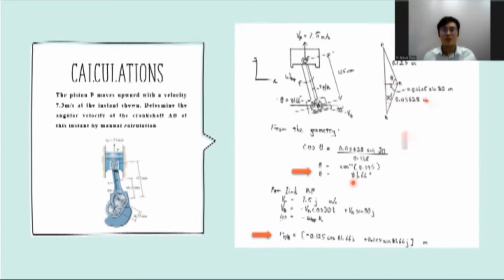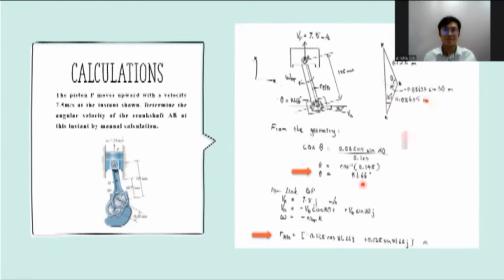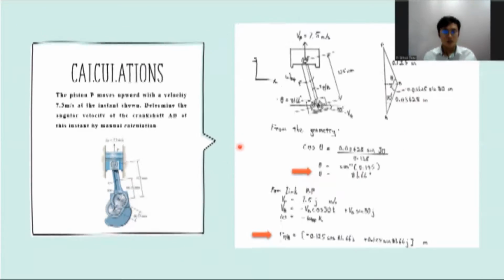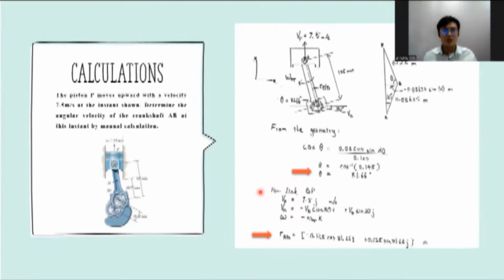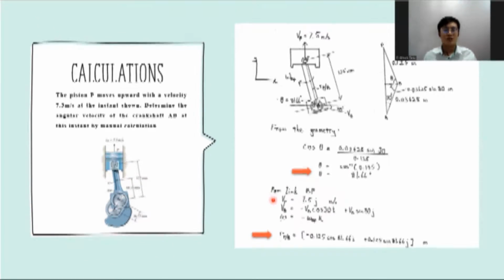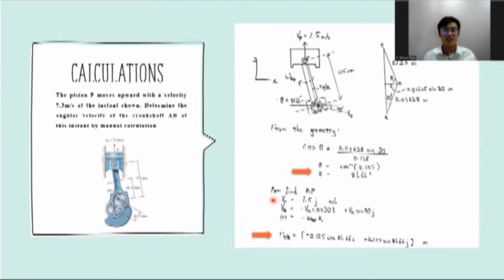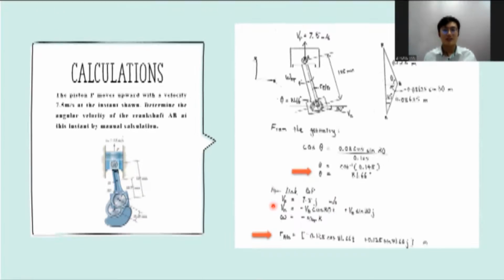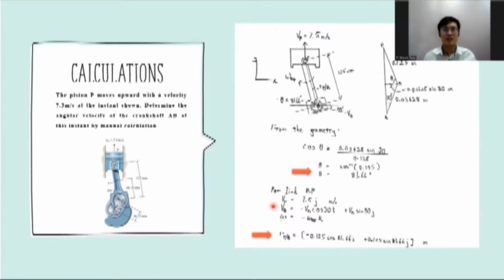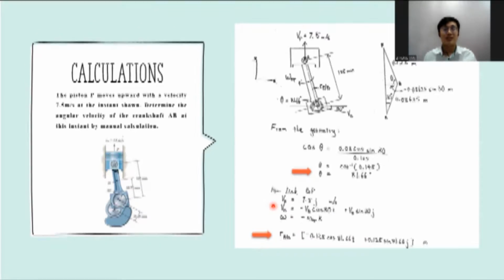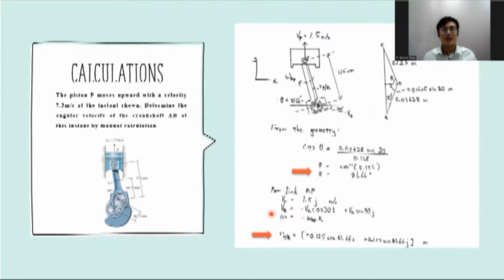For the link BP, the velocity of the piston is equal to 7.5 j, and the velocity of B is equal to negative VB cos 30 i plus VB sin 30 j, and the angular velocity is equal to negative omega BP k.